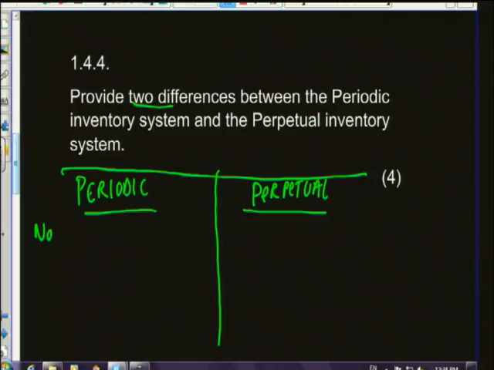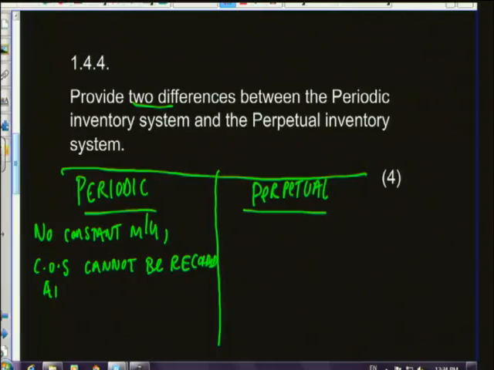There is no constant markup, okay, because you've got a variety of markups, and as a result, or therefore, cost of sales cannot be recorded at the time of sale.